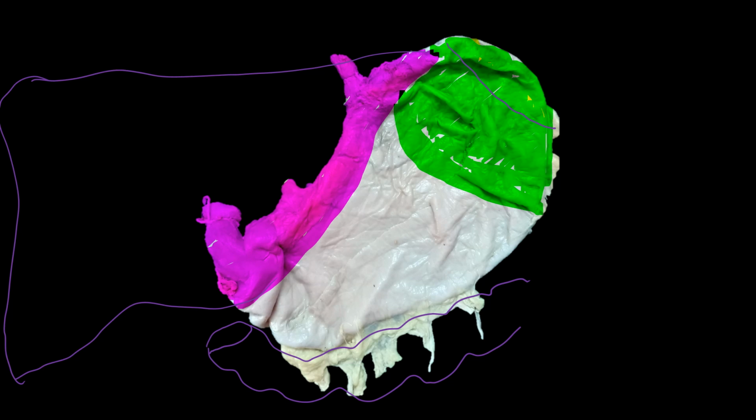This green color part is covered by the left costal margin. This area is also covered by the diaphragm. The diaphragm separates this area from the lung and pleura.